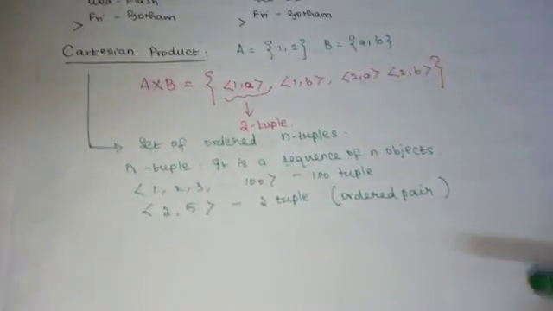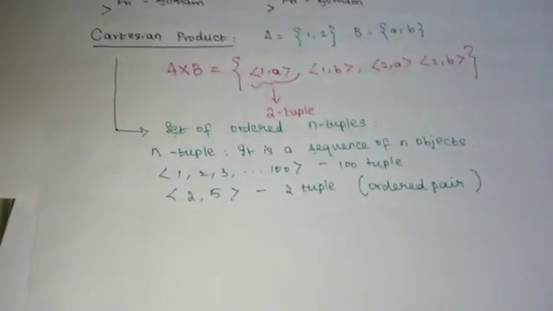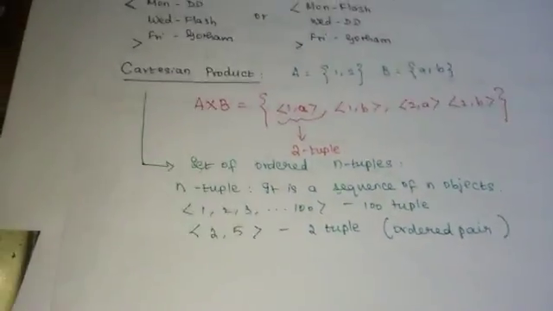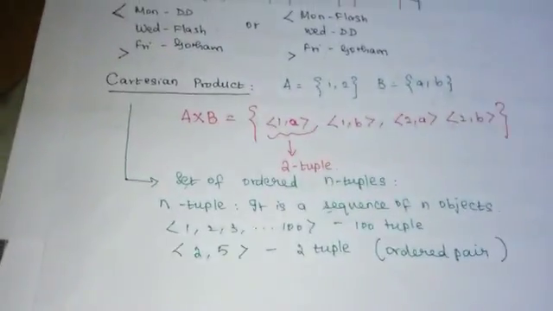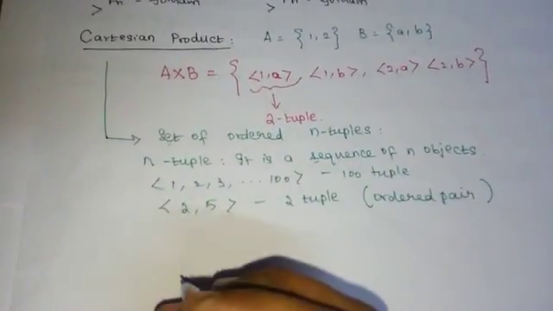So what is a relation now? Is a relation equal to the Cartesian product? It is, but it is not always equal to the Cartesian product of 2 sets.